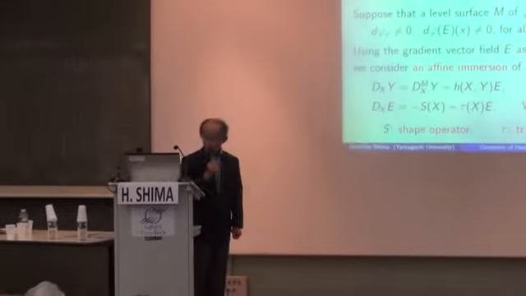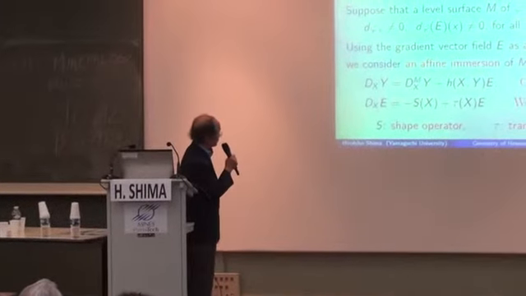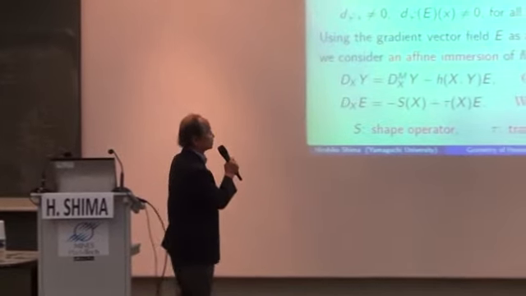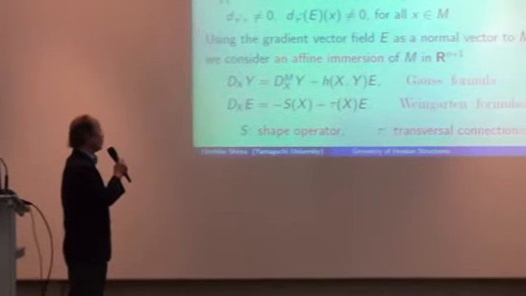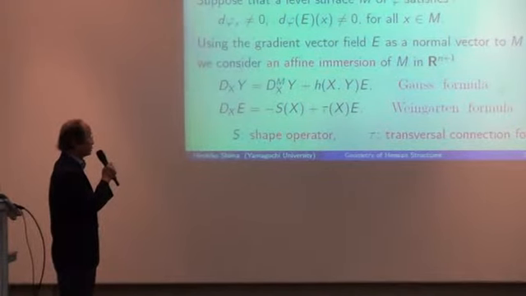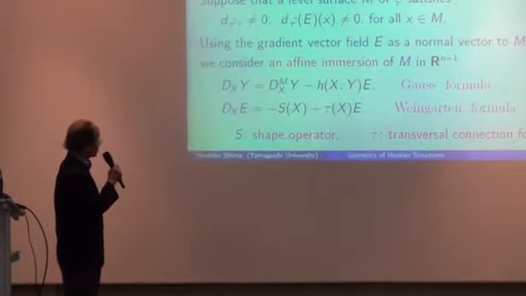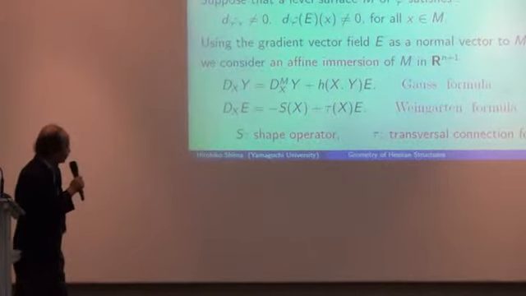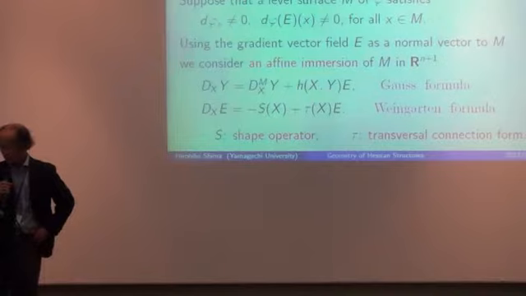The first formula is the Gauss formula, the second is the Weingarten formula. And D^M is called the induced connection, and h(X, Y) is called the affine fundamental form. S is the shape operator, and tau is the transversal connection form.